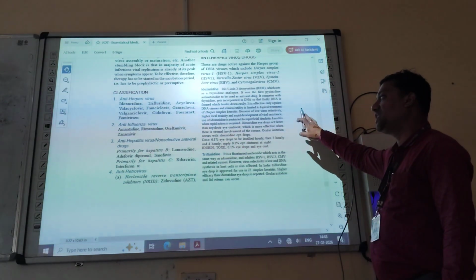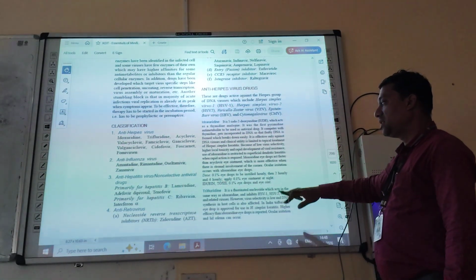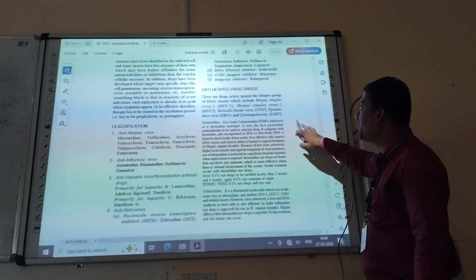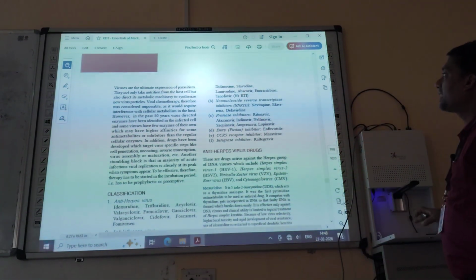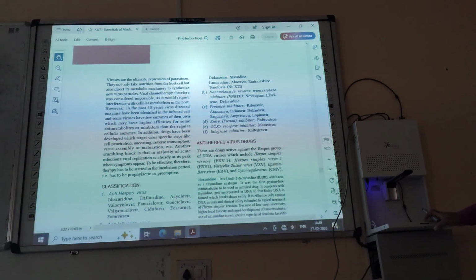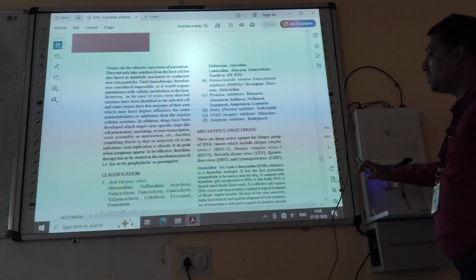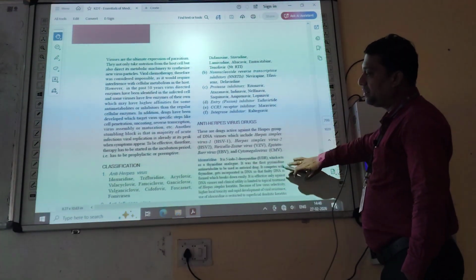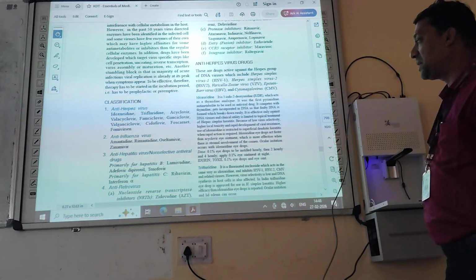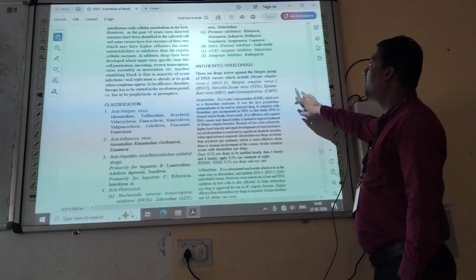The example is zidovudine, which is represented as AZT. Then didanosine, stavudine, lamivudine. These are nucleoside reverse transcriptase inhibitors.